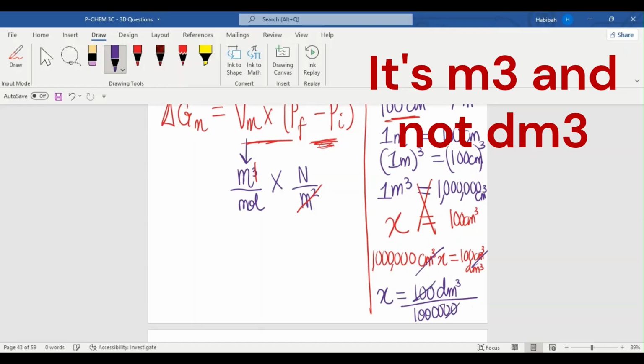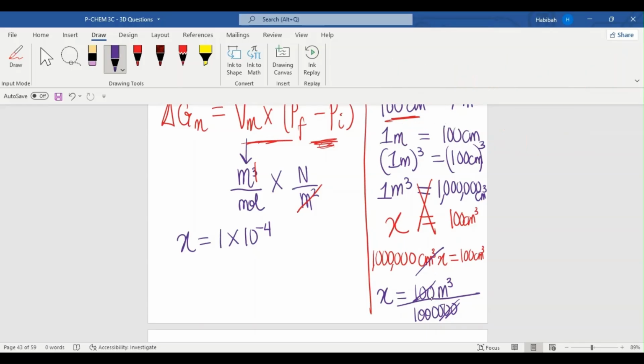Oh, sorry, not decimeter cube. Gosh, the devil really wanted to mess this up for me. We have meters cube. So 100 divided by 1 million is the same thing as 1 divided by 10,000 meters cube, which is the same thing as 1 times 10 raised to the power of negative 4 meters cube.